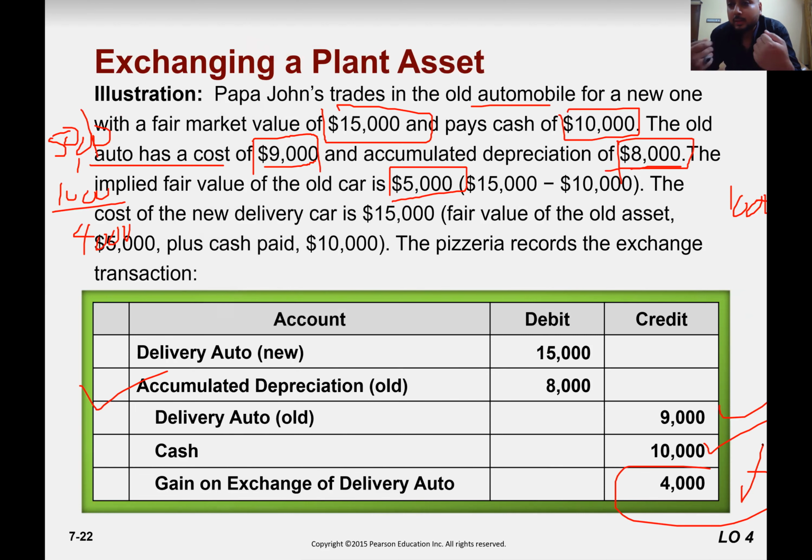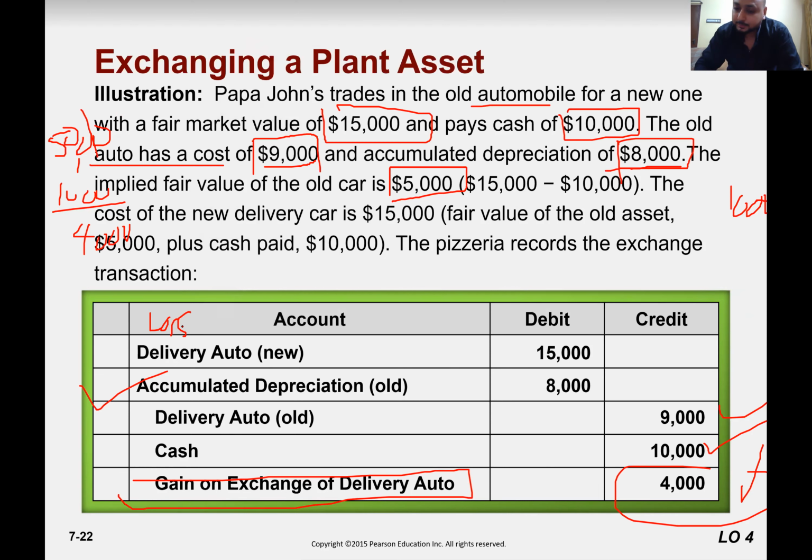It is like you sell the asset at a profit, at a gain, right? In this case, you just exchange the asset at a gain. It can be at a loss as well. If there is a loss, then the entry is the same, only this will come here on the debit side as a loss, because loss is treated as an expense, and expense increase is a debit.